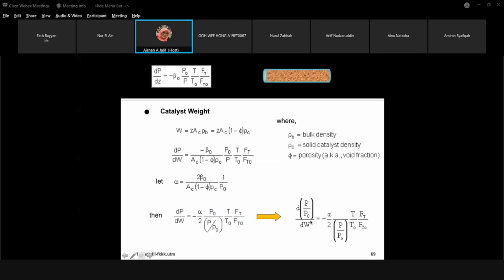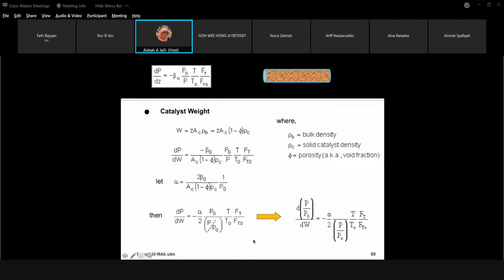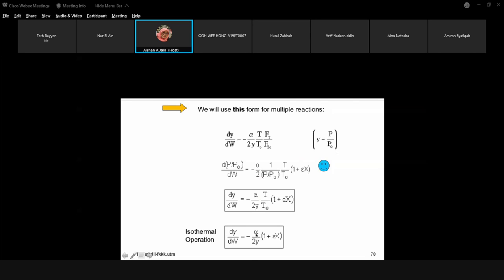This equation, because this becomes y. When you simplify it, it becomes this one. The most important one for the pressure drop is this one. This one is alpha. Sometimes they ask you to calculate for alpha, but not this one, just calculate for this group one.